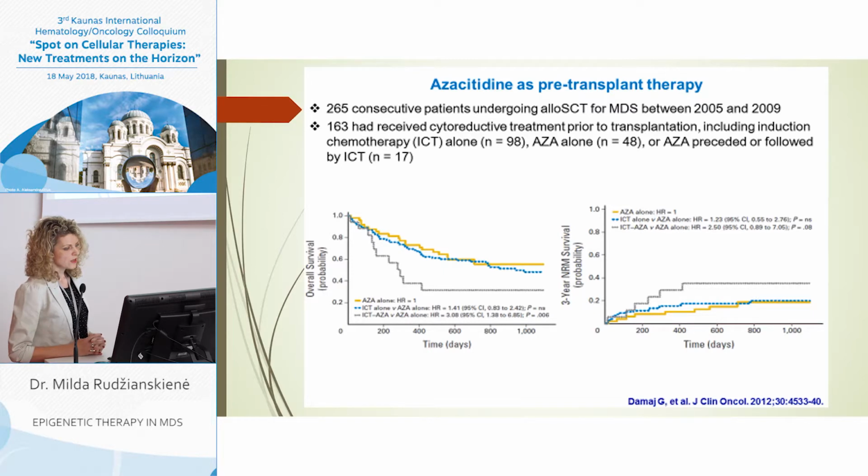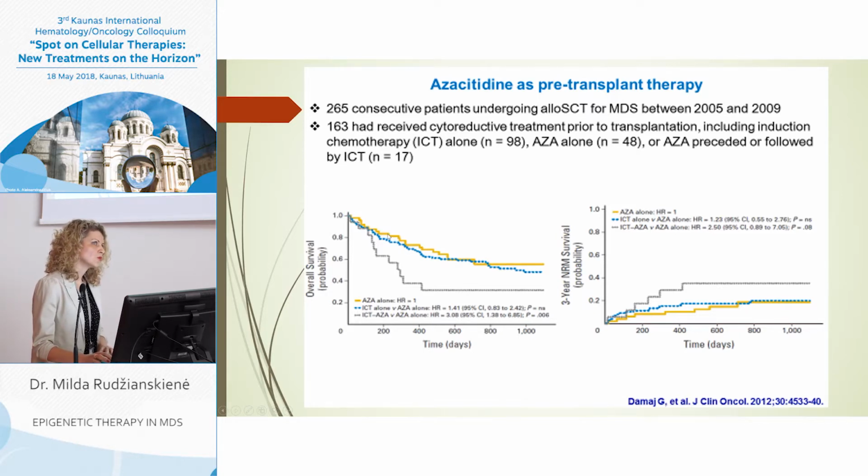Here you see that one group of patients, the yellow one, was treated with azacitidine alone before allogeneic transplantation, and the other group was treated with induction chemotherapy. And overall survival after allogeneic transplantation was the same for both groups.